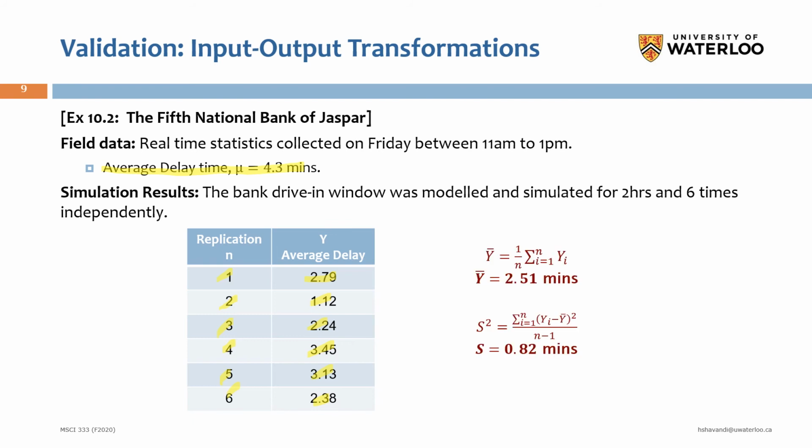So here, if we take an average over our data, in simulation over the 6 replications, the y bar here is the average delay time, and it's 2.51 minutes. And also we can calculate the sample variance over the data that we do have here for 6 replications, and the sample standard deviation S here becomes 0.82 minutes.